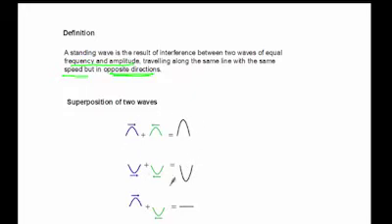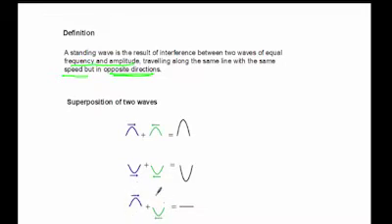So that is the case of forming a constructive interference. But if a crest arrives at the same time as a trough of the other wave, a destructive interference will take place.